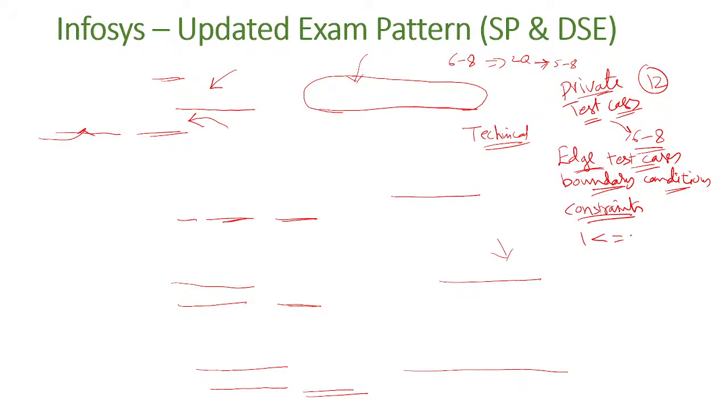For example, 1 less than or equal to n less than or equal to 10 to the power of 9. So n value should be between 1 and 10 to the power of 9. If n value is 0, does your code handle this kind of situation or not? Such a test case is present in private test cases, and your code fails in such cases. You should take care of these things.